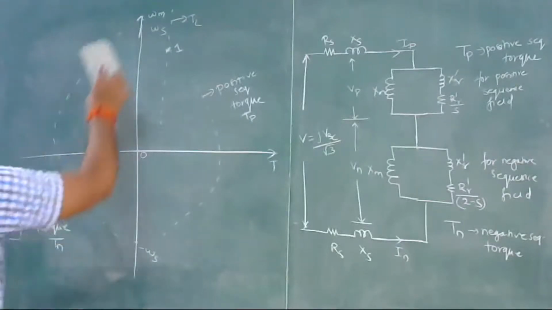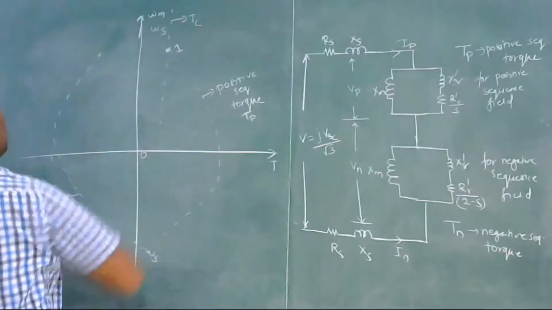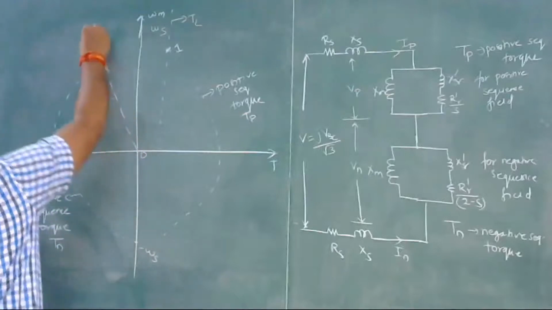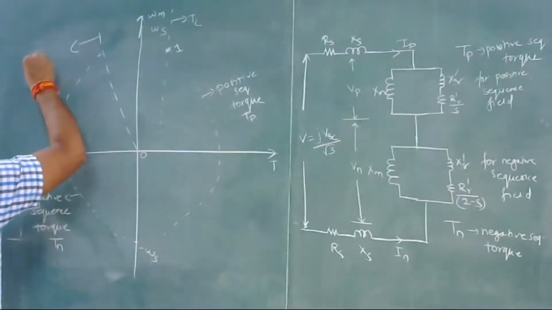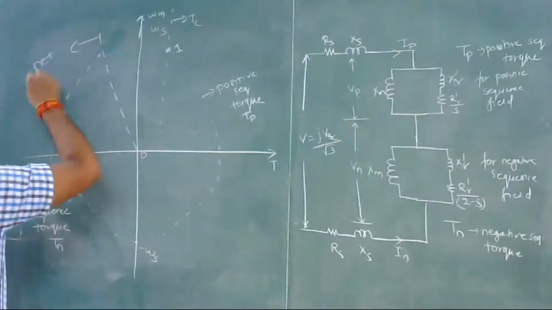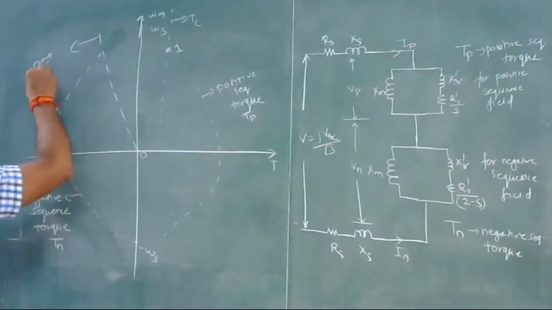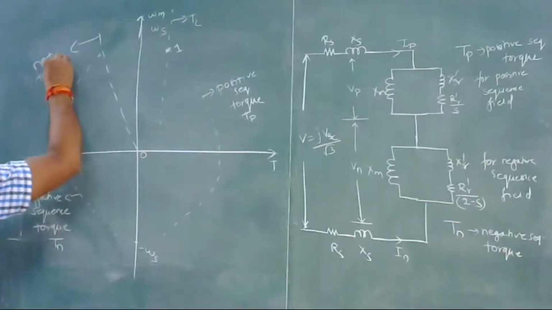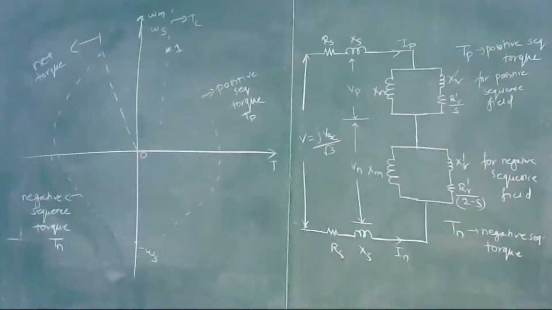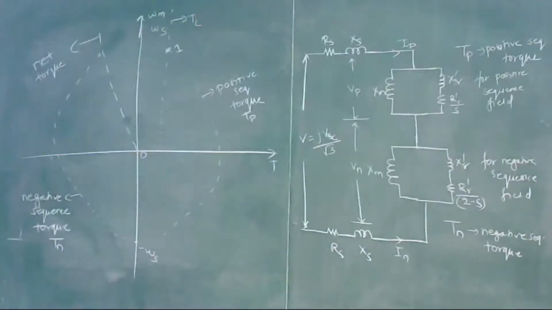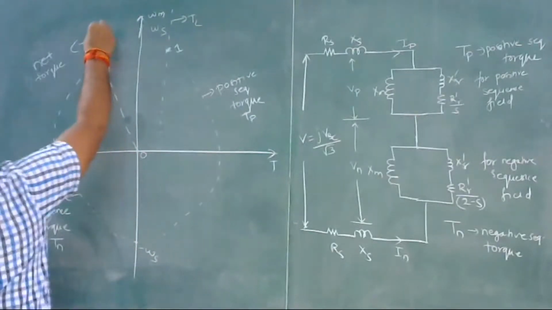This is our net torque. The rotor resistance is taken such that we get negative net torque. So we have to insert such a resistance that we get negative torque. The rotor resistance is very high, so we get effective motor braking.